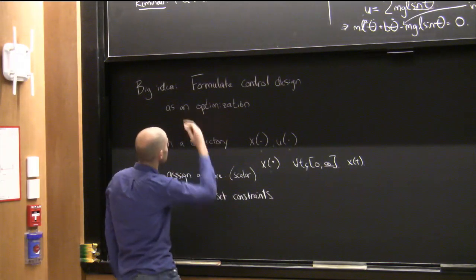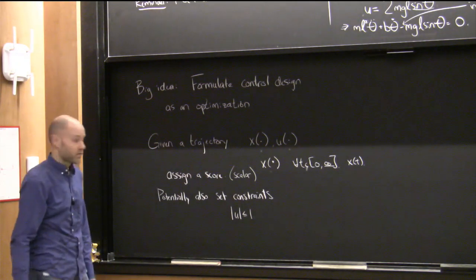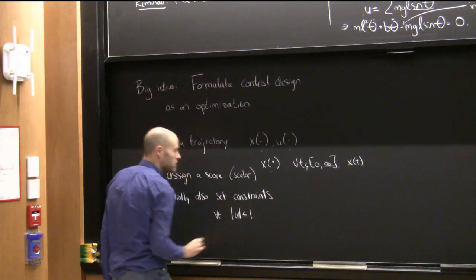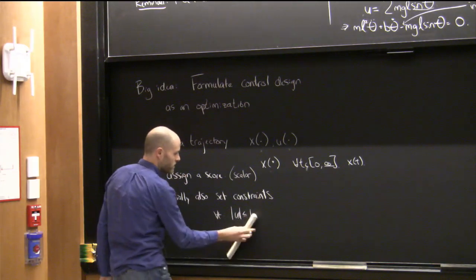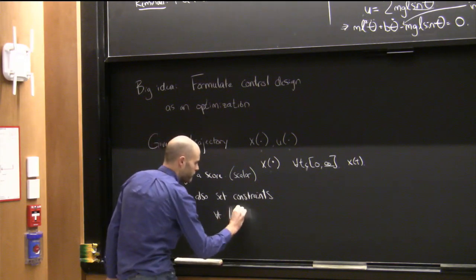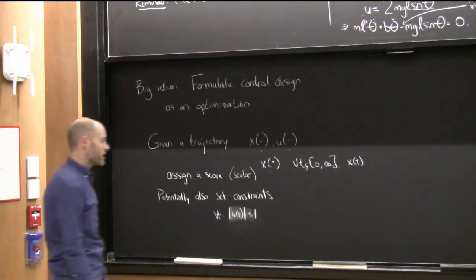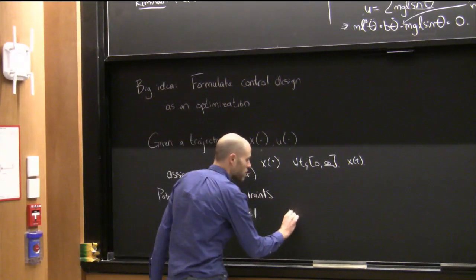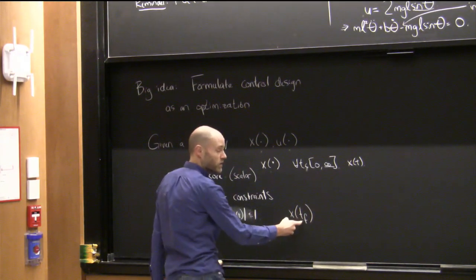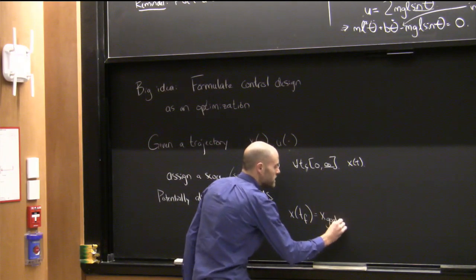Examples that we're going to see: for all t, my u of t must be less than or equal to 1. That's an input constraint. You could also have a state constraint, like maybe I'd like to arrive at the goal in some finite time, t final. I'd like to be at the goal.